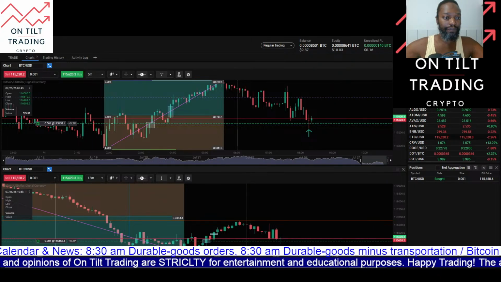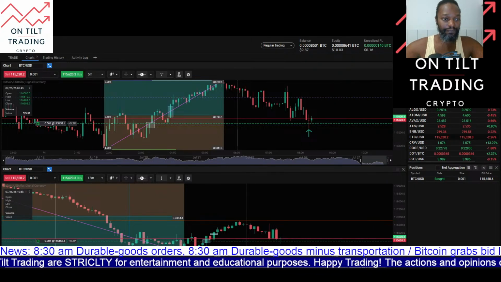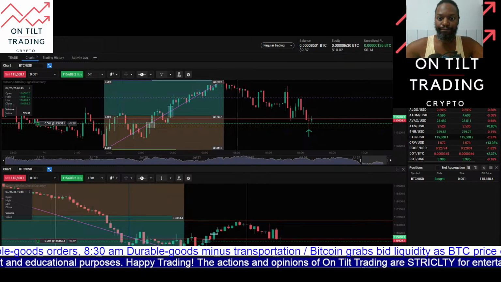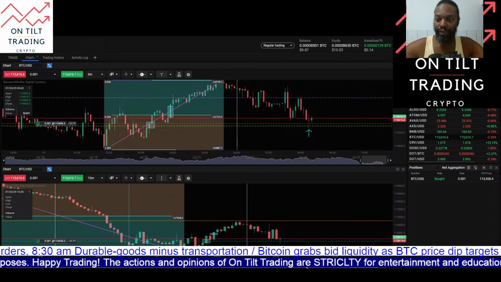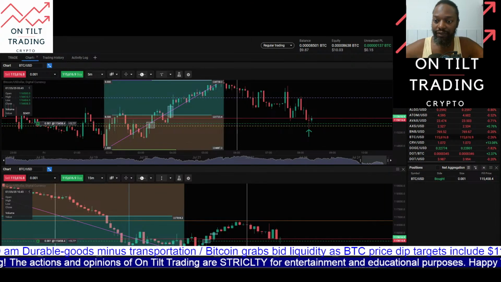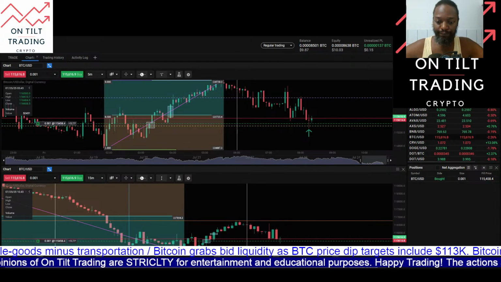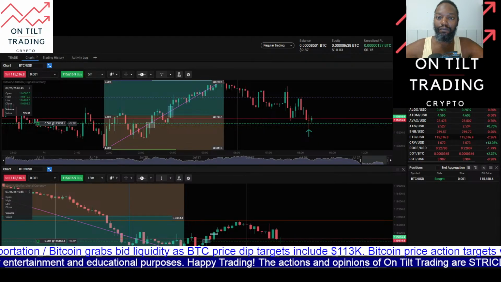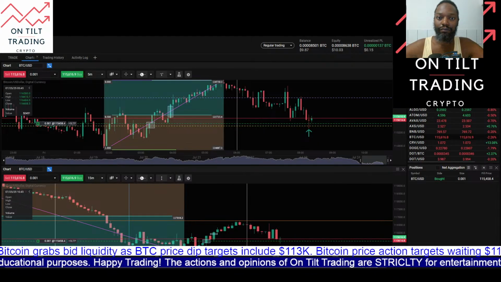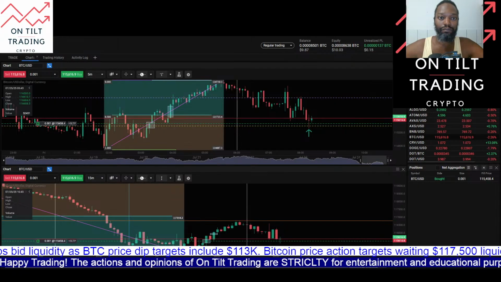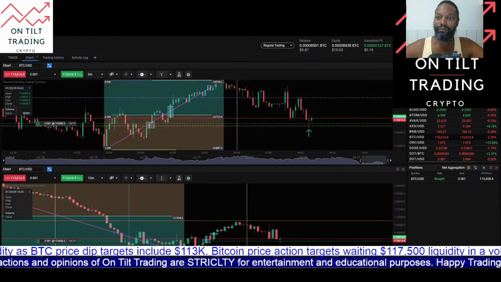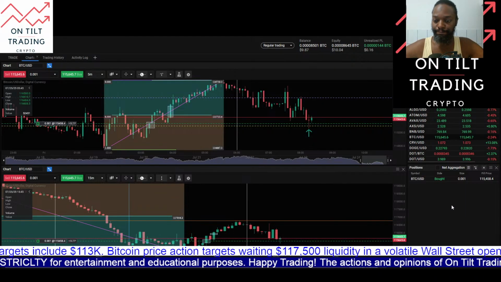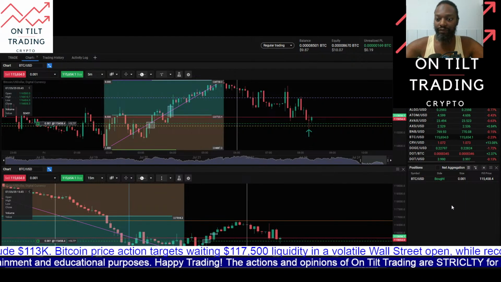Okay. Price still consolidating here, 115,620. $115,650.